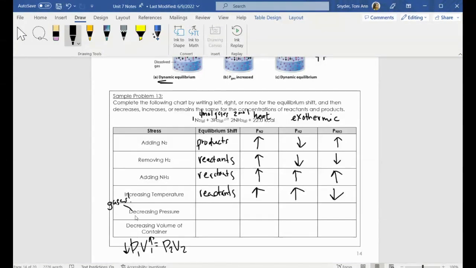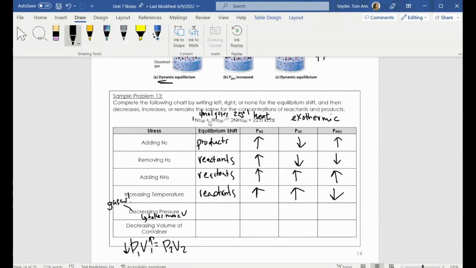So when I decrease the pressure, we want the side of the reaction that takes up more volume. We'll say takes more V for volume. Which side of these favors the one with more volume? Well, the side with more particles.